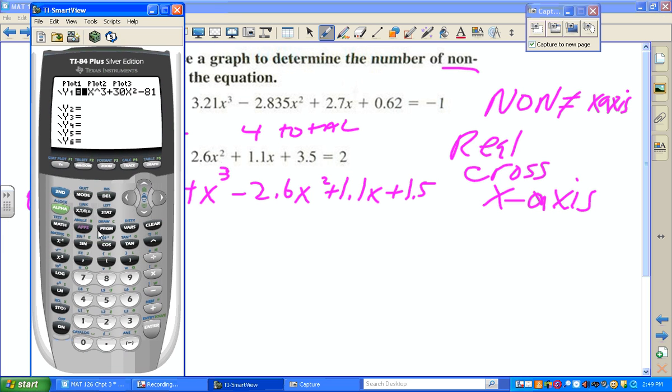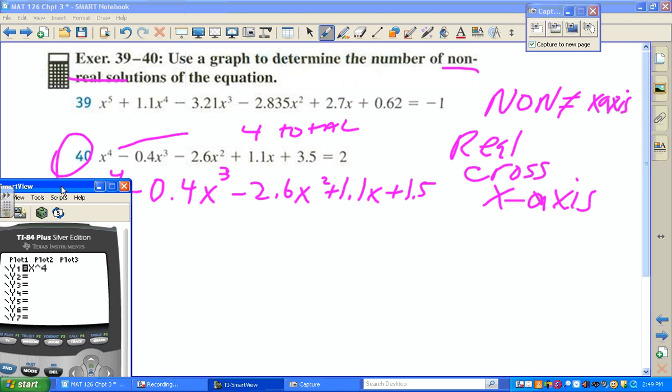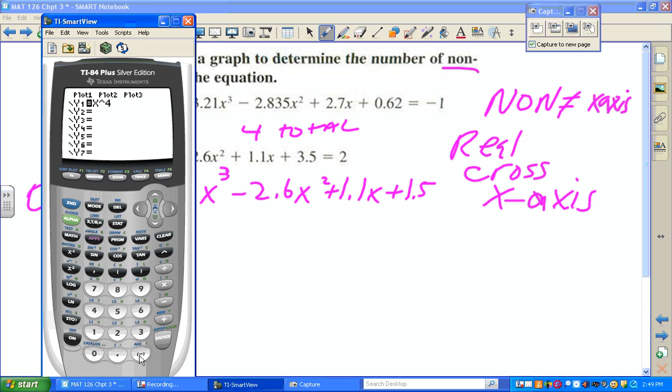X to the 4th. X caret 4. Minus 2.6x squared plus 1.1x plus 1.5.